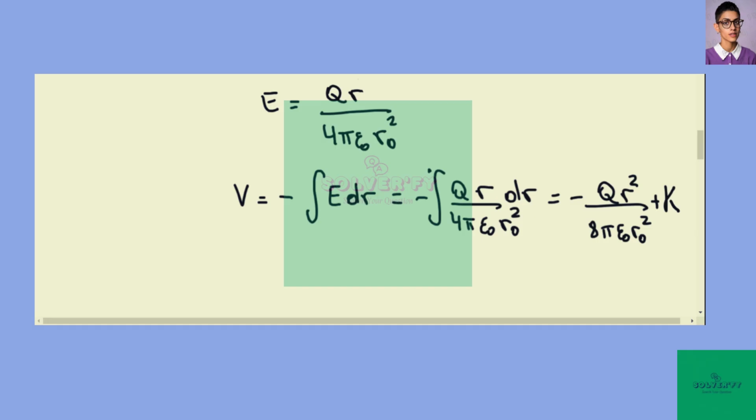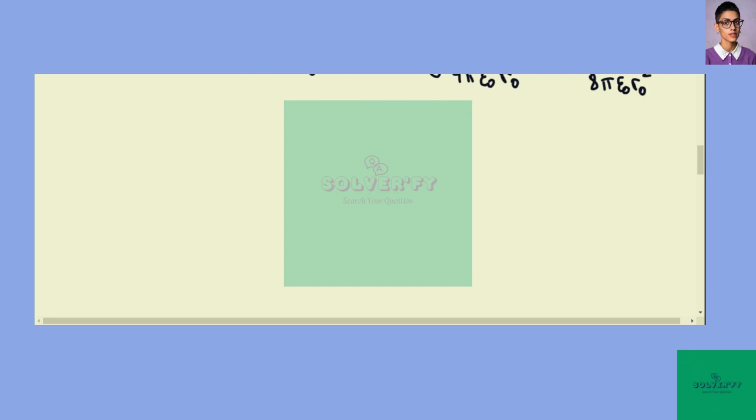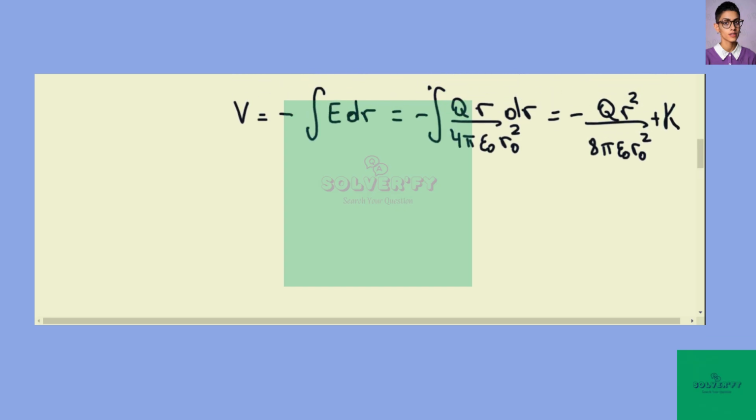Okay, and now we have to impose that V is continuous. So V for r slightly greater than r0, let's say V at r0 plus, is equal to Q over 4 pi epsilon 0 r0, and this is minus Q r0 squared over 8 pi epsilon 0 r0 cubed plus k.